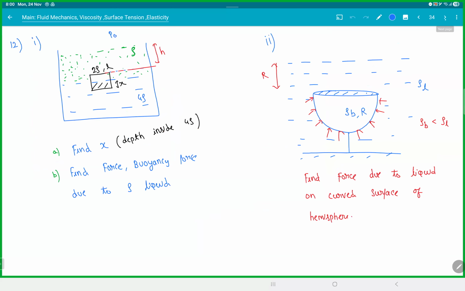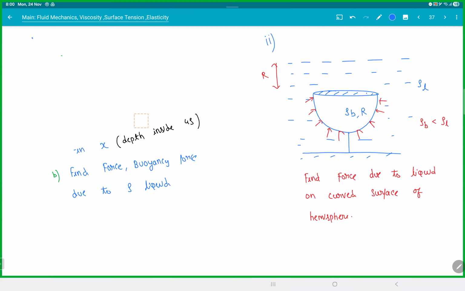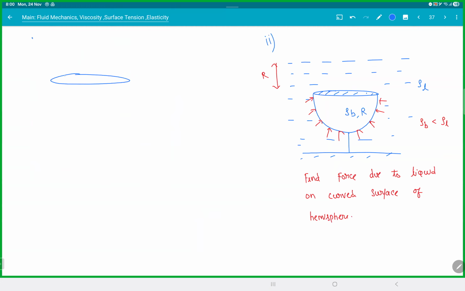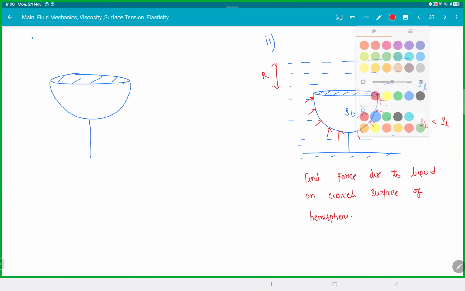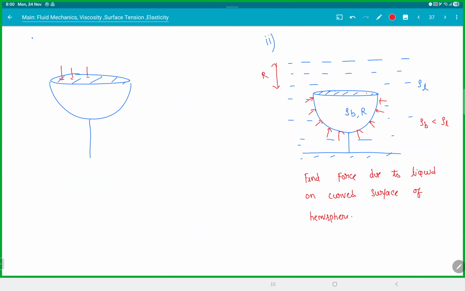Now, how to do the second one though? You can draw the free body diagram. Now you can see, I can do the same argument there. So the liquid is being pushed from the top. How much is that? P naught plus rho g r into area.